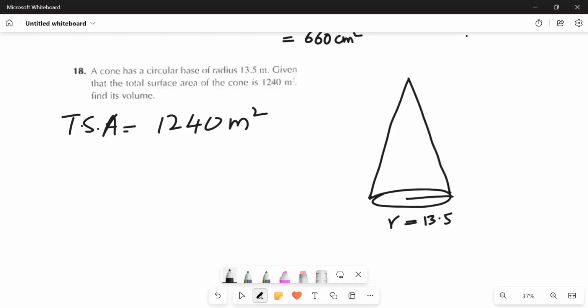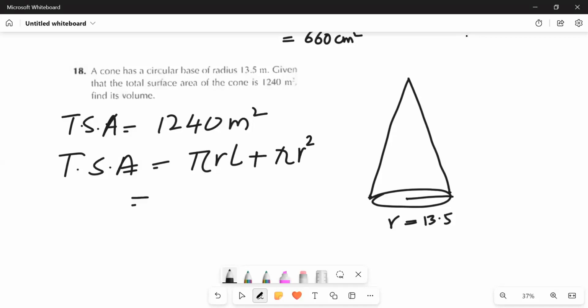So the total surface area formula is pi r l plus pi r square. So we are taking pi as common, and r is 13.5 and L we have to find.